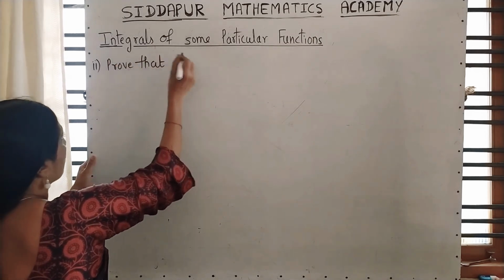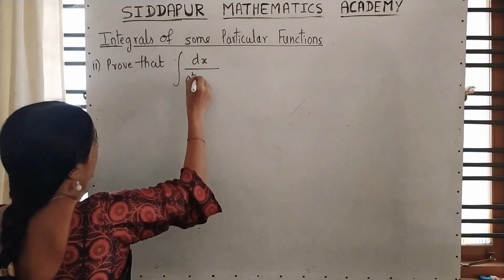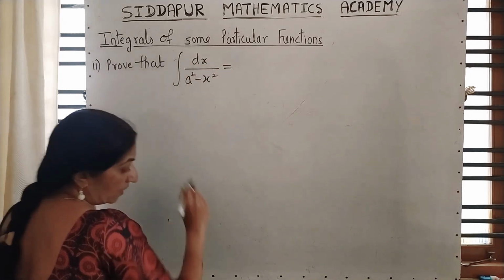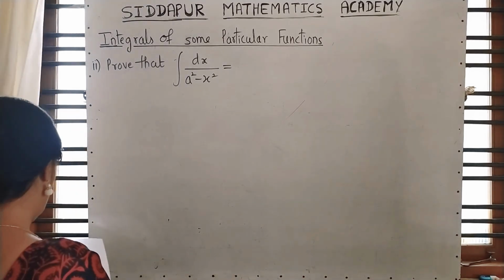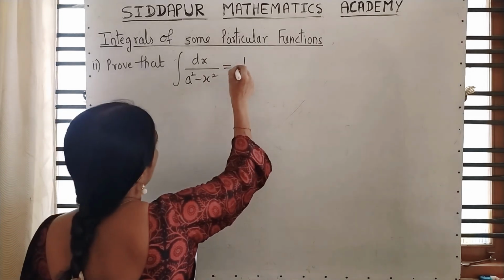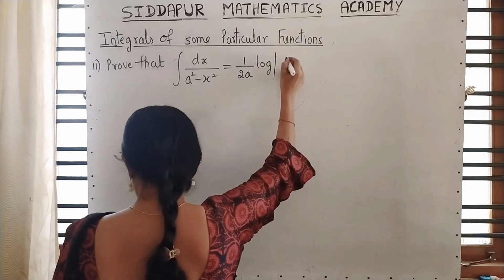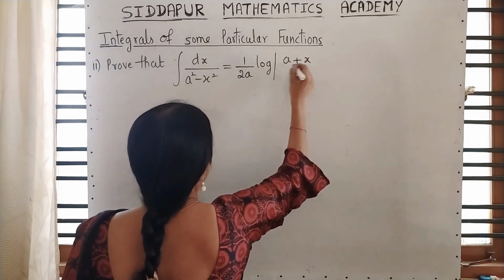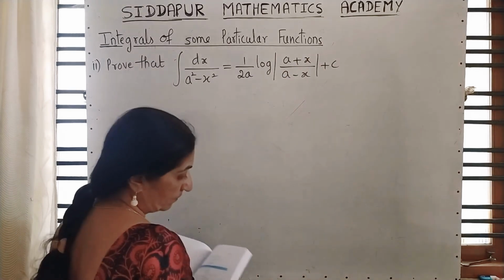Prove that integration of dx upon a square minus x square. See the difference between this formula and the previous. In the previous it is x square minus a square, here it is a square minus x square. That means the number is first. 1 upon 2a log of a plus x upon a minus x plus c.